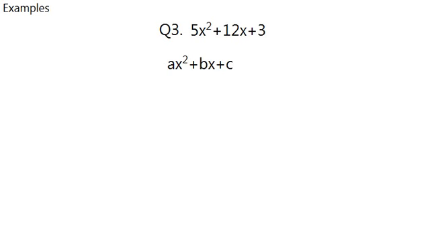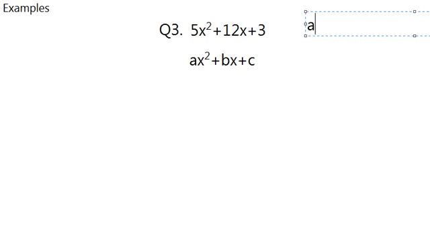This is how we normally write a quadratic. So in this case, a is equal to 5, b is equal to 12, and c is equal to 3. Kind of simple, right? Well, what does it achieve?